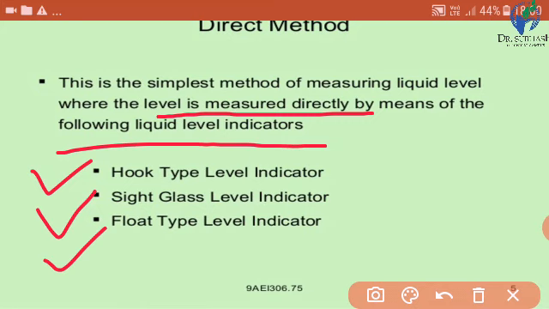Now, what is the indirect method? The different indirect methods of liquid level measurement used in the industries are electrical methods and hydrostatic pressure type methods. So these methods are known as indirect methods.